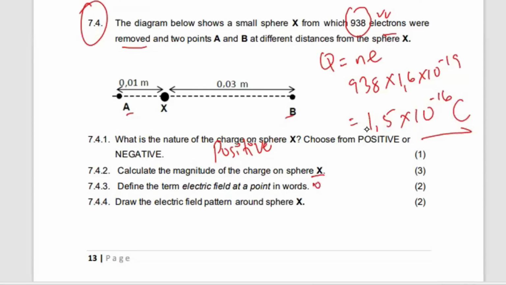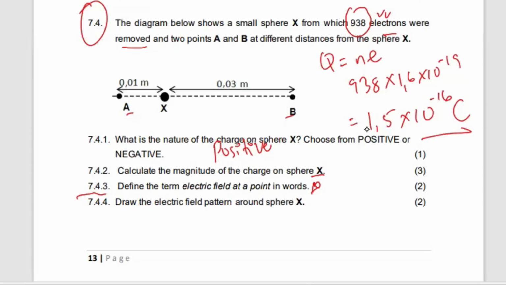And then 7.4.3, they want us to define electric field at a point. So we know that electric field at a point is basically the force per unit charge that a small positive charge placed at that point would experience.